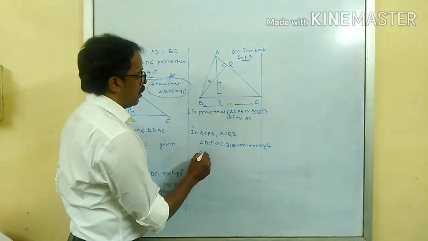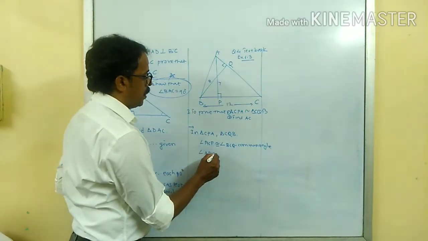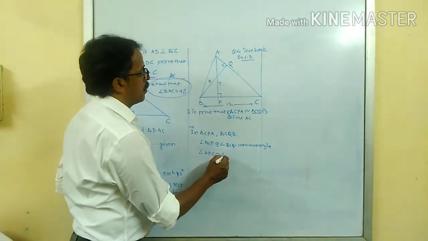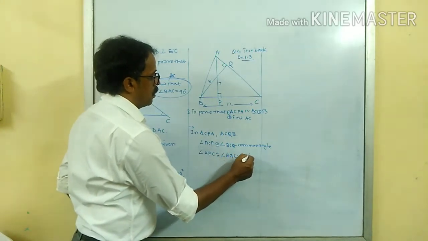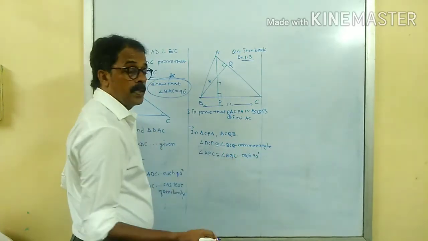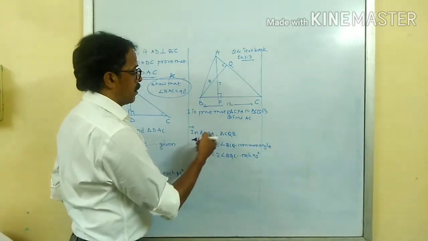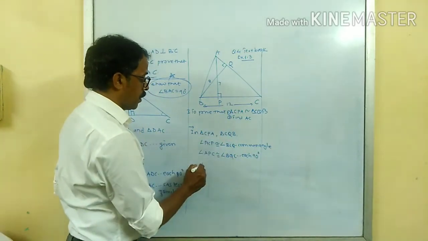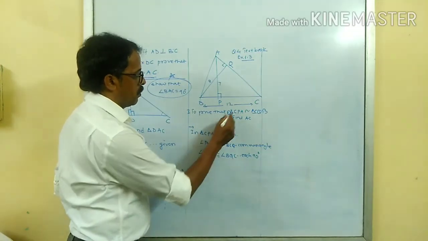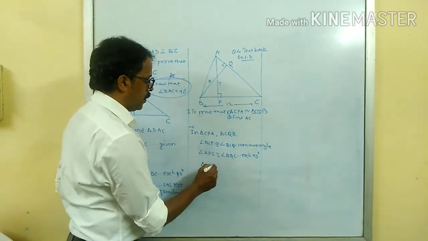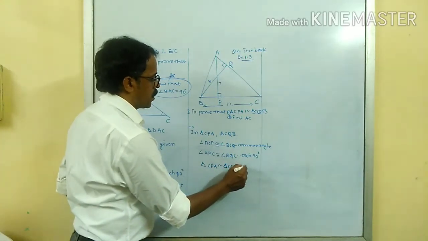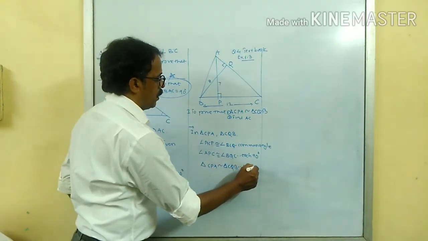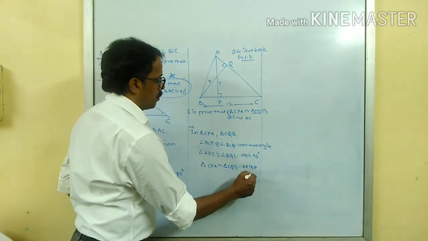Then angle APC is congruent to angle BQC. Reason? Each is 90 degrees. Correct. Now you can write down the same name whatever they have given. You don't have to think. If you think, it is the same. Triangle CPA is similar to triangle CQB, by which test? It is the AA test of similarity.